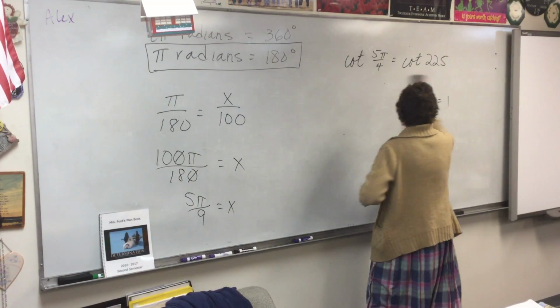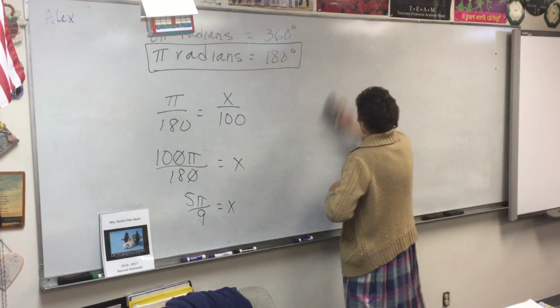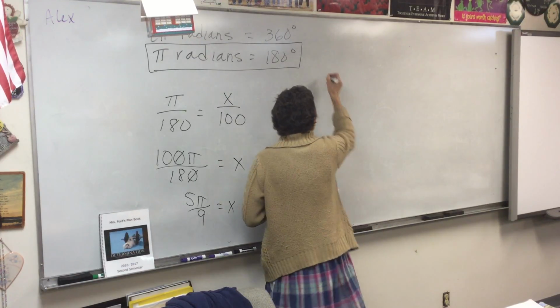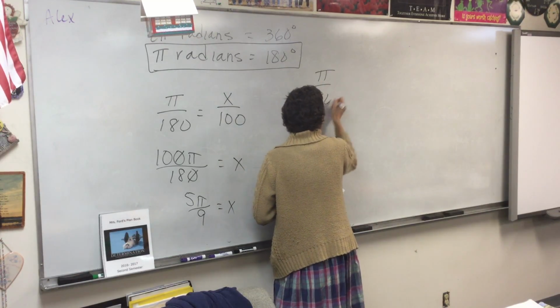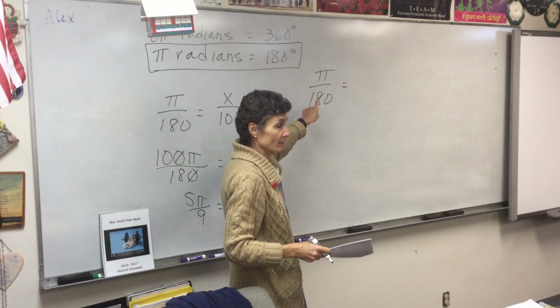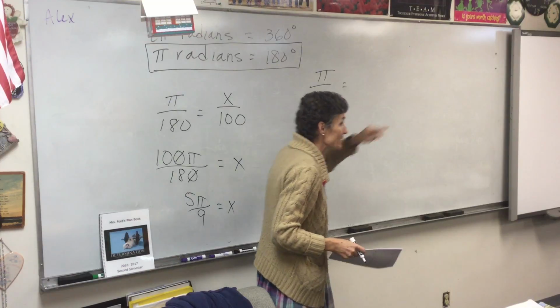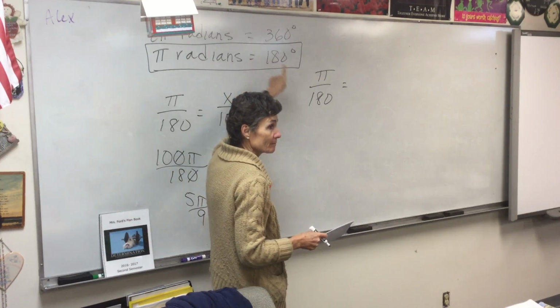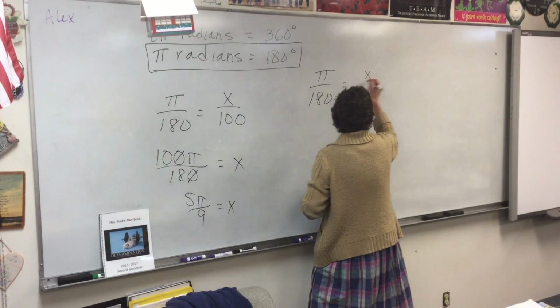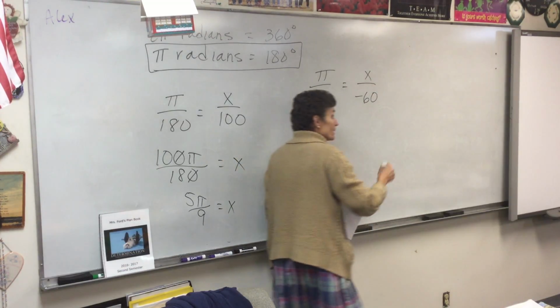Okay, so now we're going to do the next one. The next one says negative 60. So we're going to say pi over 180. And again, that will never change. You are always going to say pi is 180. Now this problem is negative 60, so I'm going to say x over negative 60.